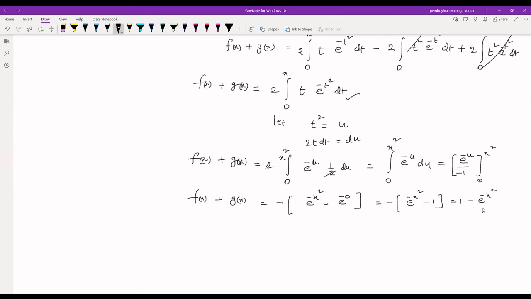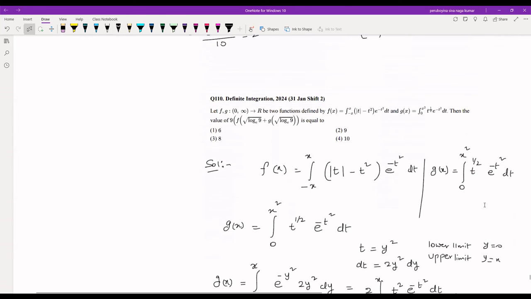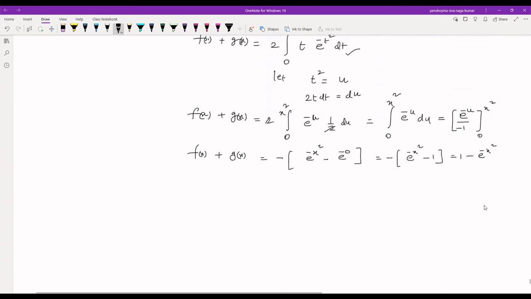And he is asking to calculate f of root log 9 plus g of root log 9. I just replaced it with these numbers and I also multiplied with 9.